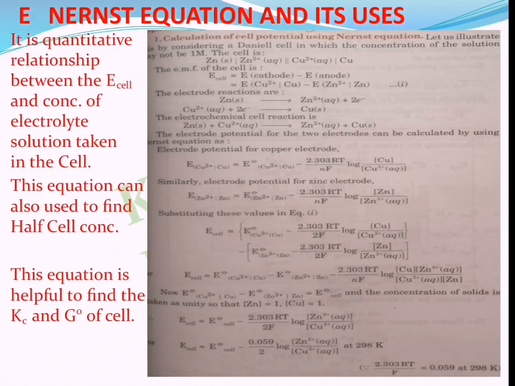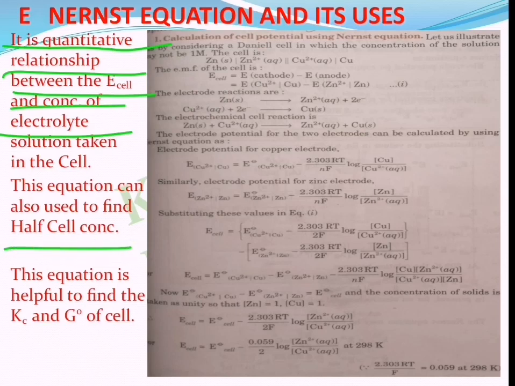Nernst equation is a quantitative relationship between the electromotive force of the cell and concentration of electrolytic solution taken inside the cell. This equation can also be used to find half cell concentration. हाफ सेल कंसंट्रेशन को भी हम इसकी मदद से पता कर सकते हैं. And by the help of this equation we can also find the equilibrium constant and Gibbs free enthalpy of the cell, meaning the maximum work obtained from a cell. Here's the equation.